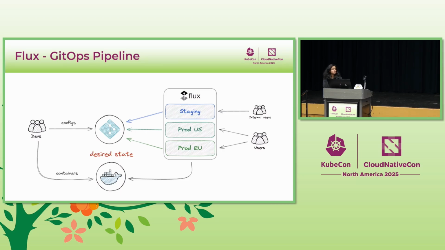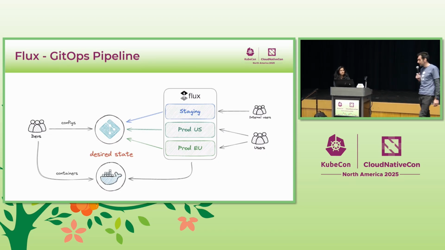Now, this is a little bit more complicated because you also push images to the container registry. And Flux has a feature, if you're a Flux user, you've heard about this, called image automation. So Flux can scan the container registry based on semver or some other policy that you define. It's called an image policy.